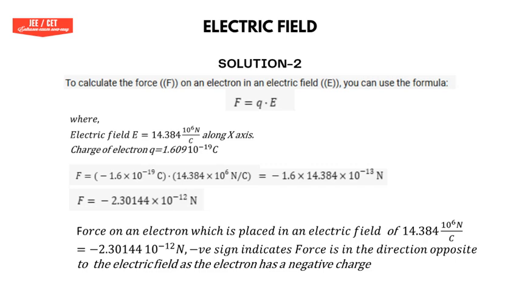Given values are electric field E, and charge of electron equals 1.609 × 10 to the power minus 19 coulomb. Plugging in the values, you will get force equals minus 2.30144 × 10 to the power minus 12 newton. The negative sign indicates that the force is in the direction opposite to the electric field.